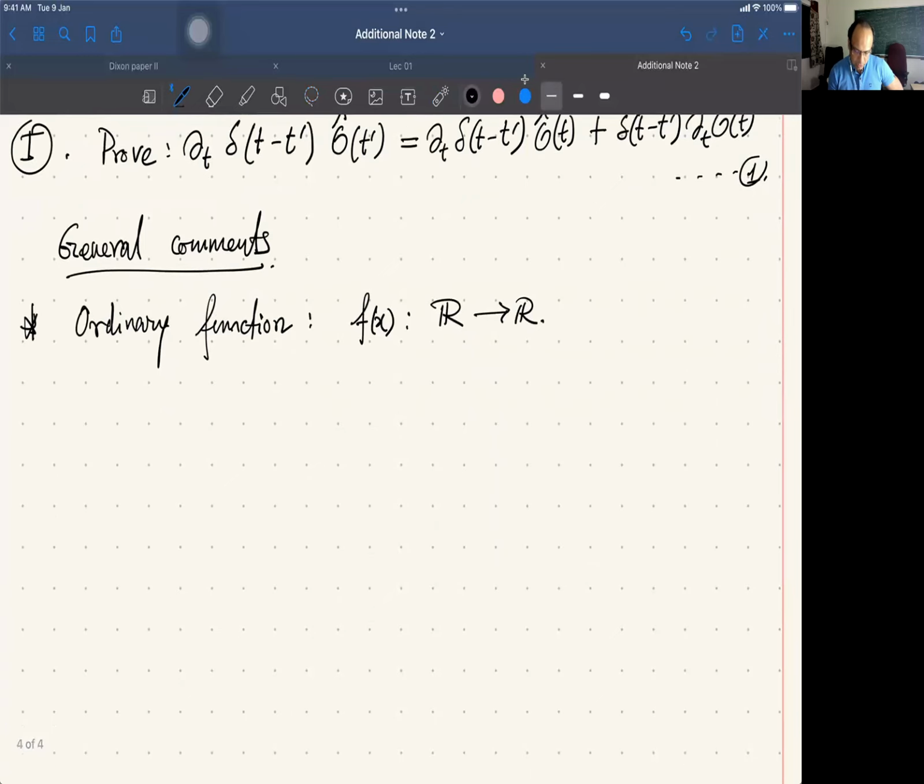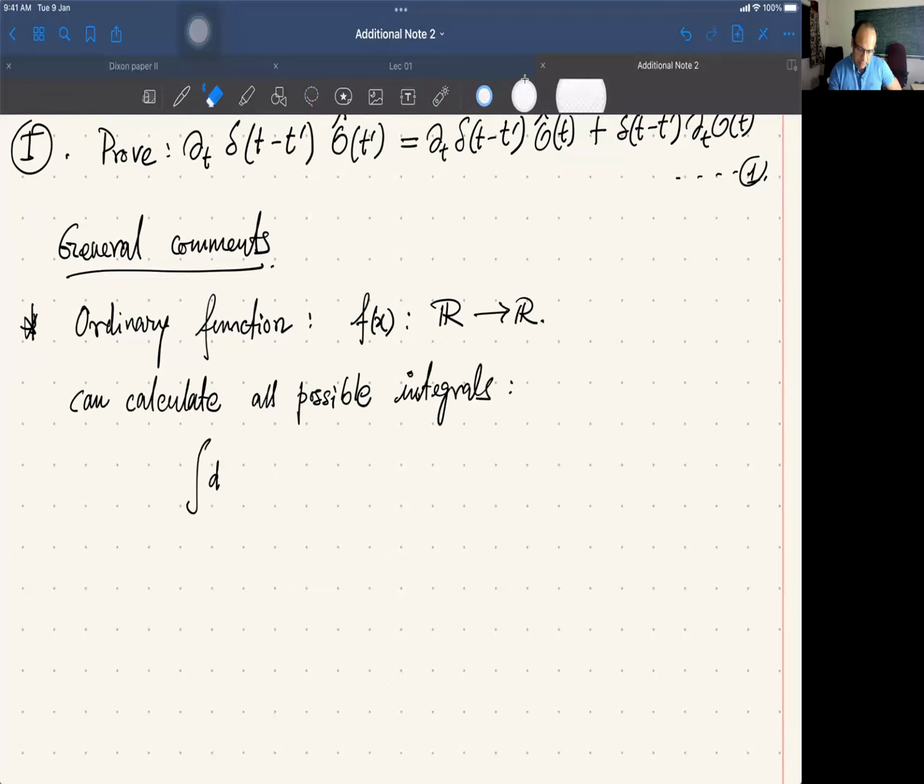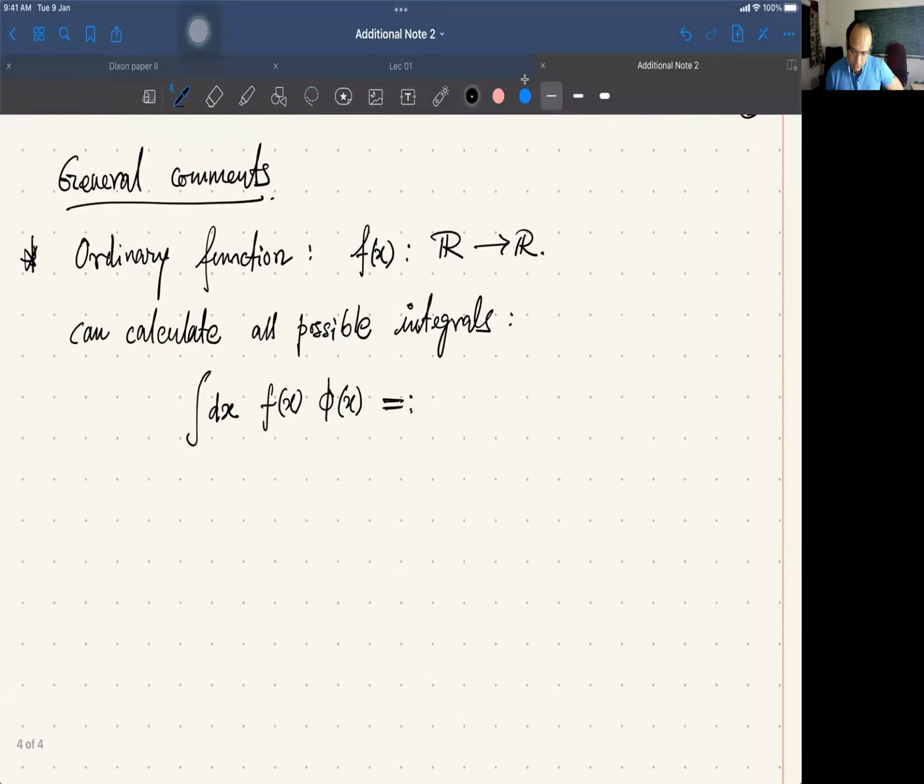So, knowing this enables us to calculate all possible integrals of this form, integral dx f(x) times phi(x), and for a given f, we can choose arbitrary phi, which are all smooth functions.